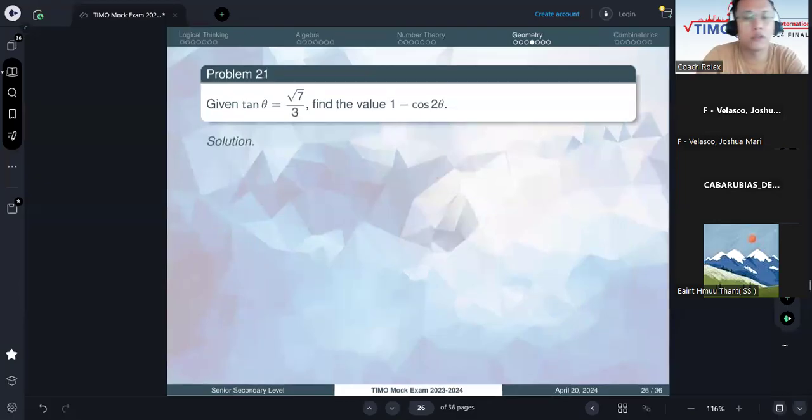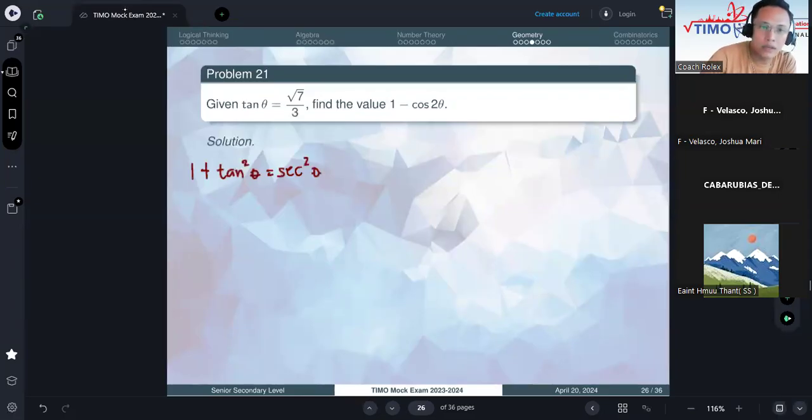Problem number 21, given that tangent theta is equal to square root of 7 over 3, find the value of 1 minus cosine 2 theta. Okay, so from here, take note that we have an identity for the tangent. Now we have 1 plus tangent squared theta. This is equal to secant squared theta, right?